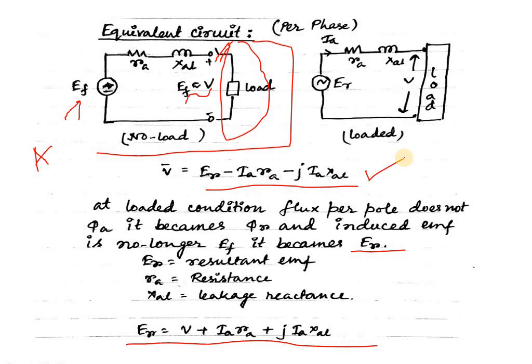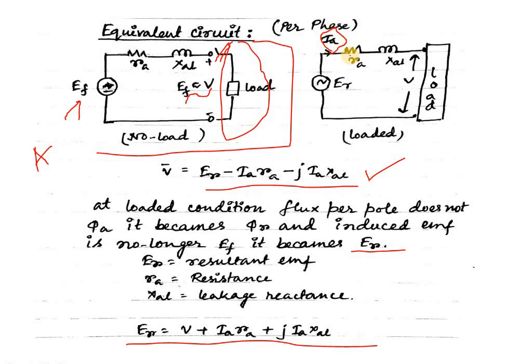So for loaded condition, our output voltage V = ER - IARA - jIAXAL, where XAL is the leakage reactance. See what happens when the load is connected here: IA current flows.